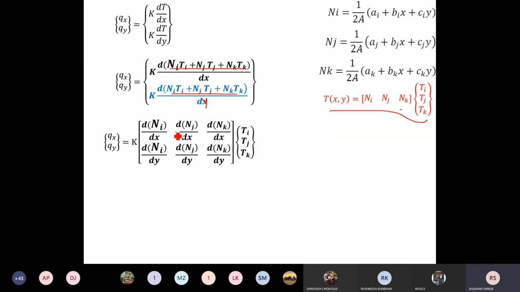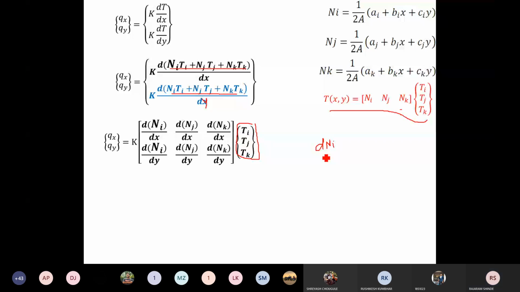Next one, you see here. If you see the first equation and this equation, here the T matrix is a constant matrix. Therefore, we are taking the derivative of Ni, Nj, Nk only. So K is taken common. dNi by dx into Ti, this is the first term.